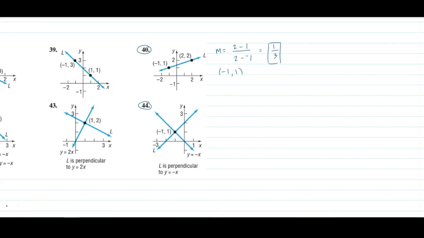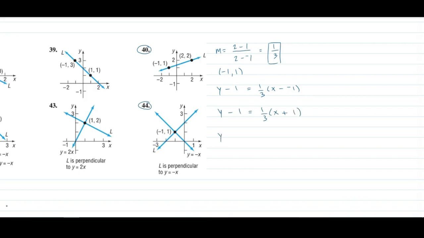The most common way to work with it, I know different people have different techniques, is to put this into point slope form. Yes, you could have chosen the other point as well. We just simply decided to choose the point that you're looking at. So you'll have y minus 1 is equal to 1/3 times x plus 1, like that.